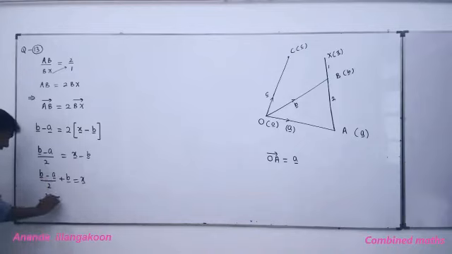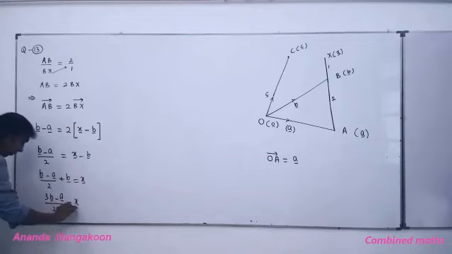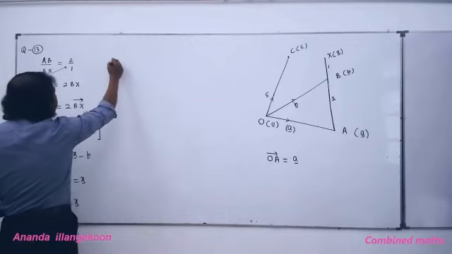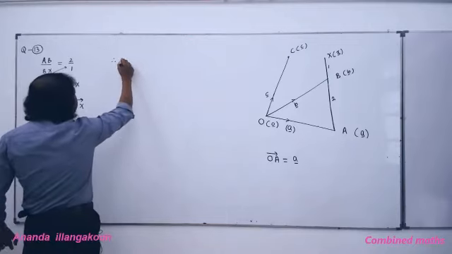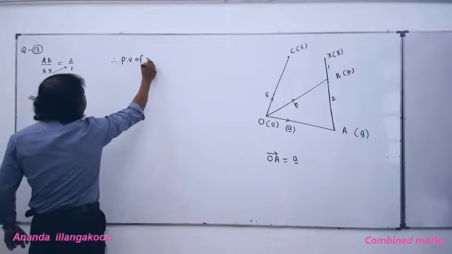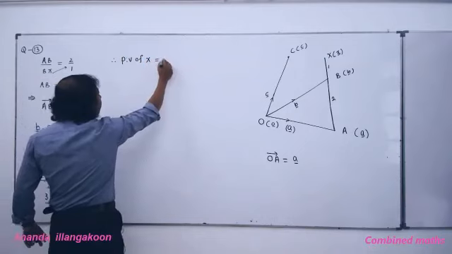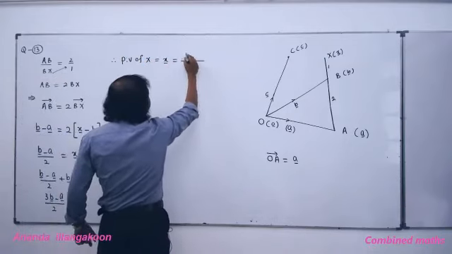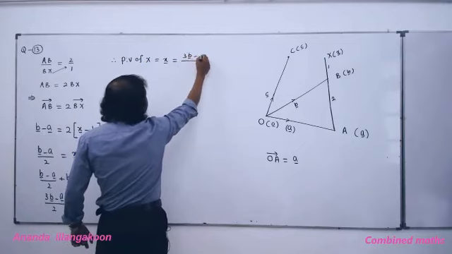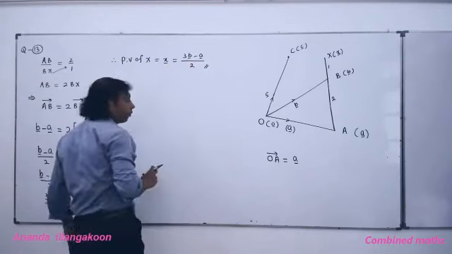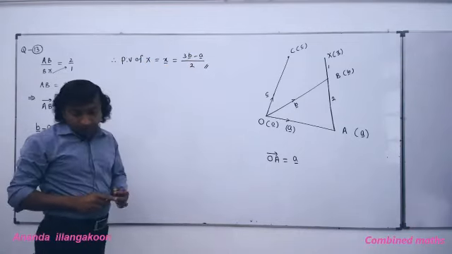So (3b minus c) divided by 2 is the simple x vector. Okay. So we can write the position vector of x. It is denoted by simple x, no? Simple x is (b minus a) divided by 2, that we found.